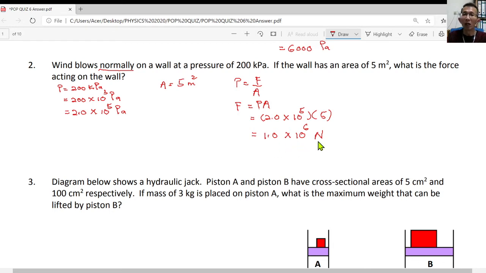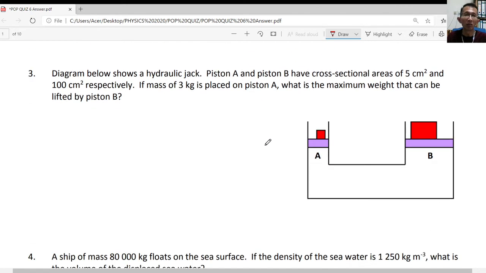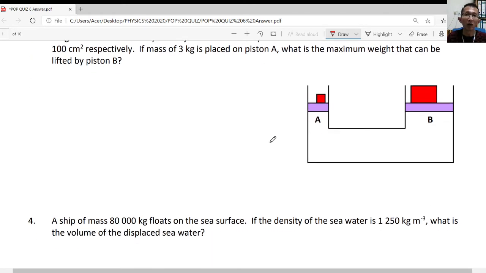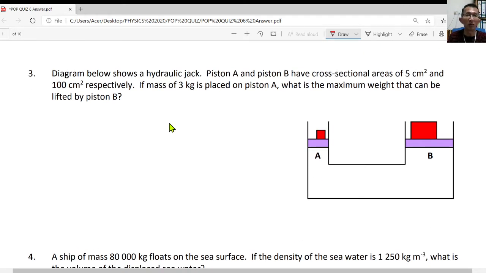Okay, let's move on to question number 3 now. Question number 3 shows a hydraulic jack. We have piston A, piston B. The area of piston A is 5 centimeter square, and the area of B is 100 centimeter square.